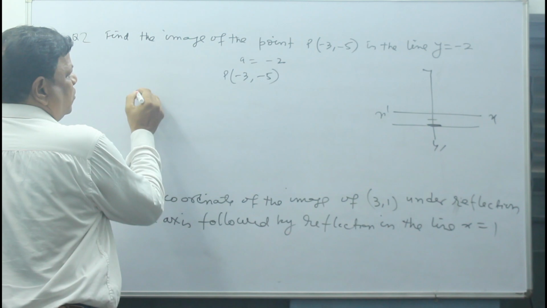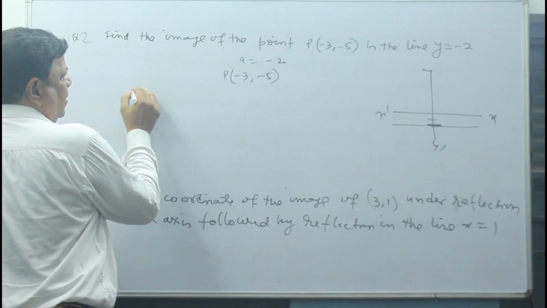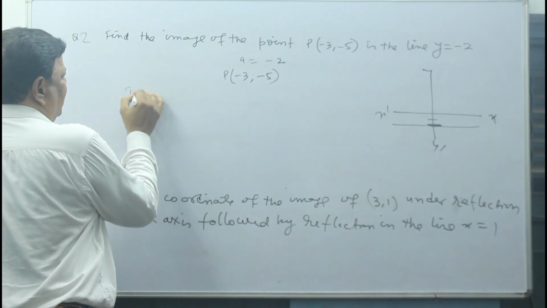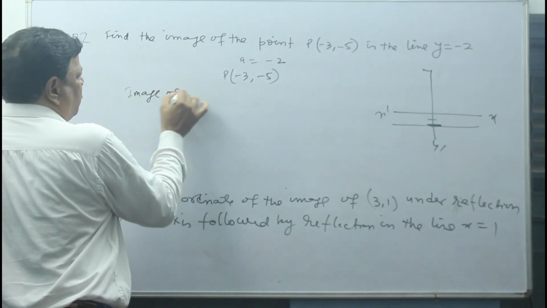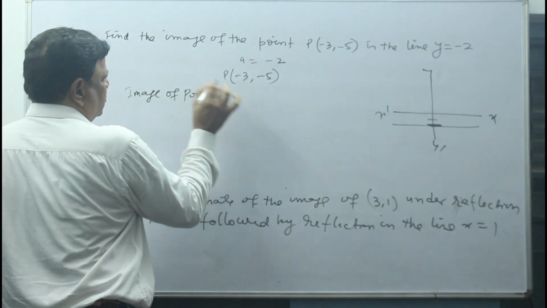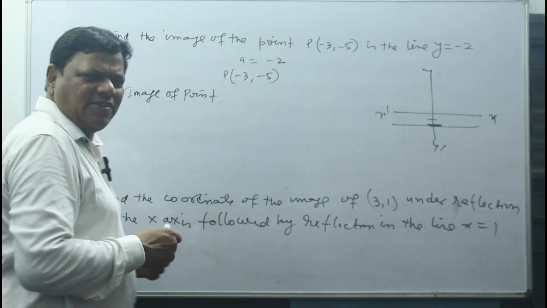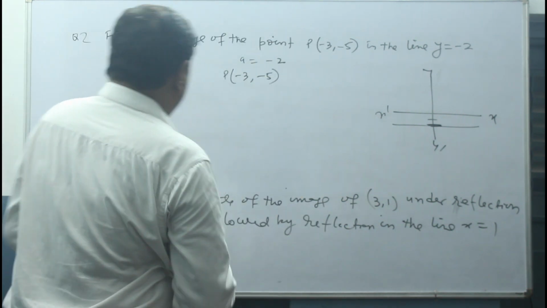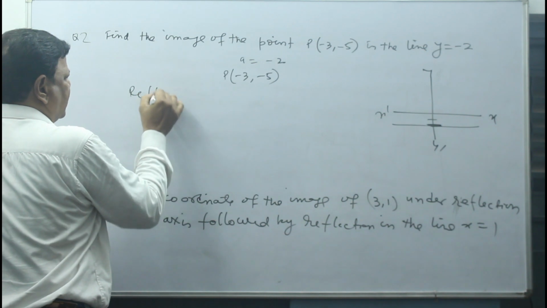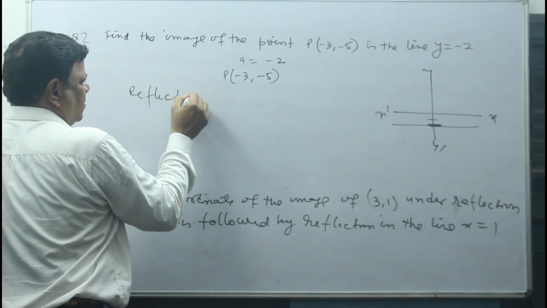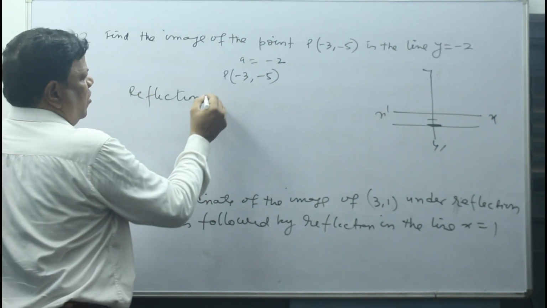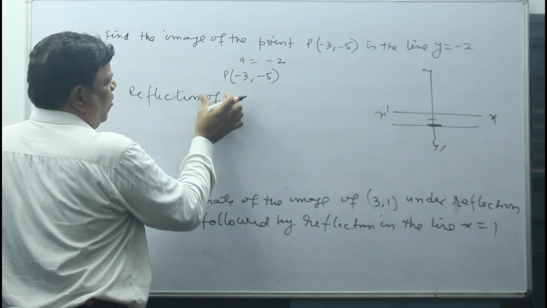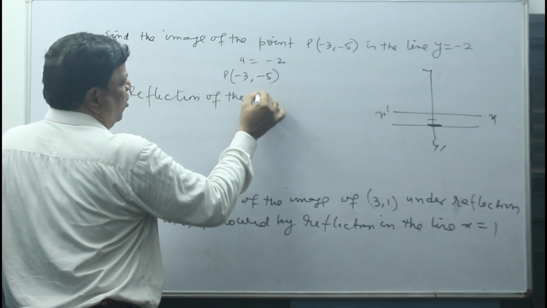So write down image of the point. Reflection of a line of the point.